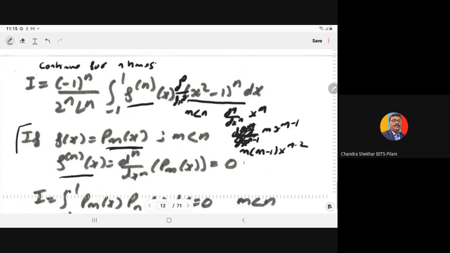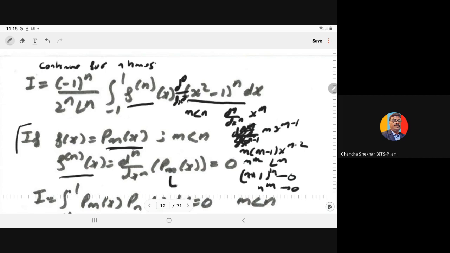And the mth derivative is factorial m. Then the (m plus 1)th derivative is 0. So the nth derivative is also 0, right? Because the derivative of a constant becomes 0. So here we have the nth derivative of f, or nth derivative of Pm x.